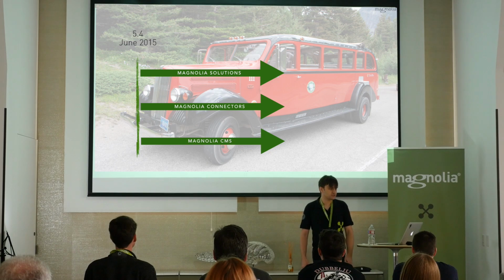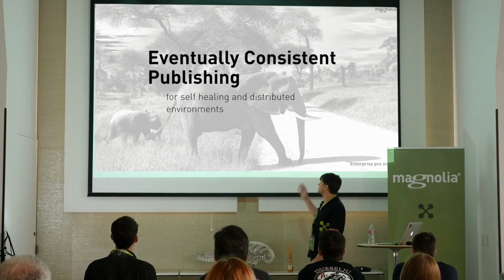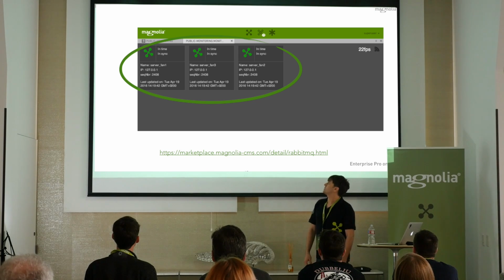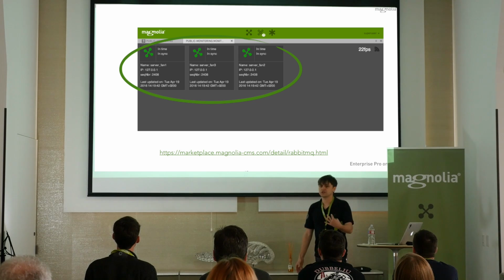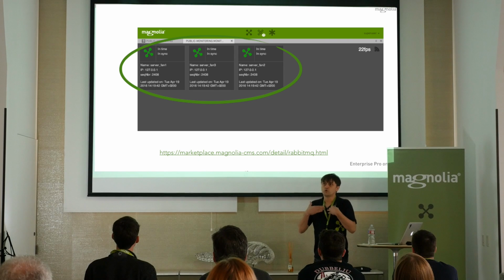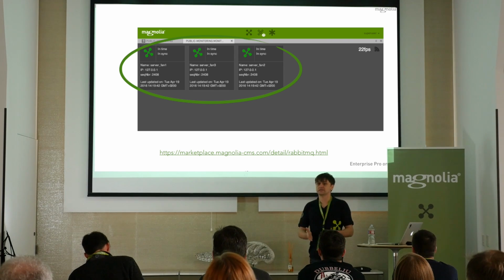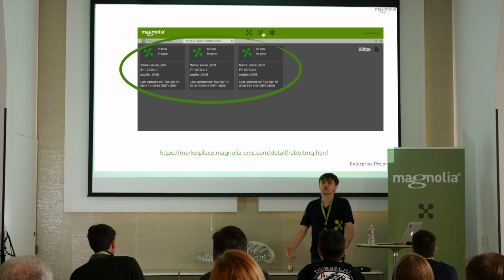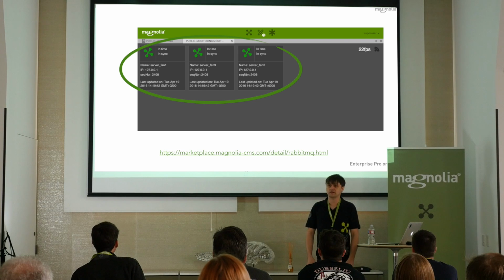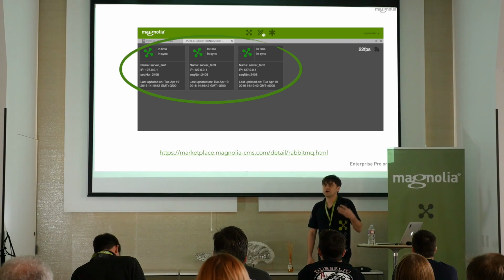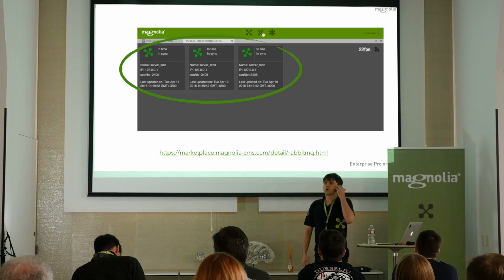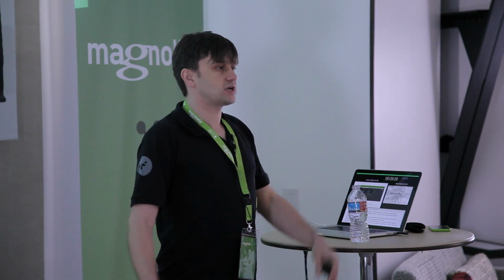But there are some very interesting things in there. One of the solutions which we delivered over the years is the eventually consistent publishing, which changes the publishing mechanism. Instead of pushing everything in one transaction, we are using messaging queues. Each of the instances to which you push has its own queue. It can receive the content whenever it's convenient for that instance. So say you have some cold backup instance which is running just a couple of hours a day.